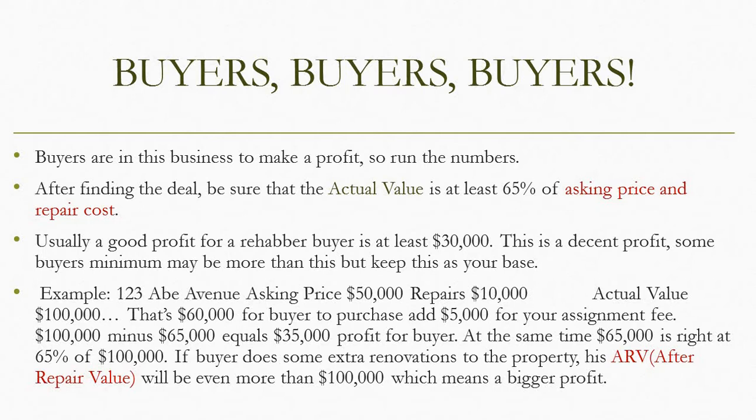Some people do 70%. 65% is the basic number that most investors look at. If the house is worth $100,000, when they valued at $100,000 from a seller, offer them $65,000. Basic. So just look at this slide and check these numbers out. I'm gonna keep moving.